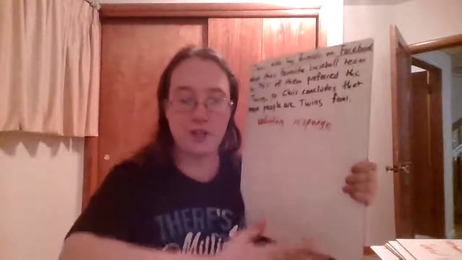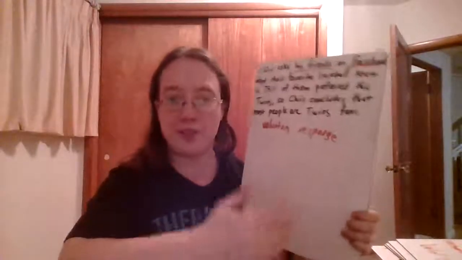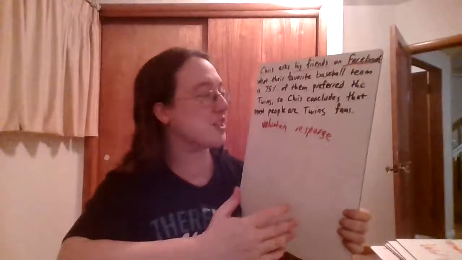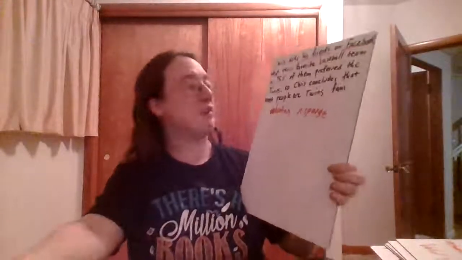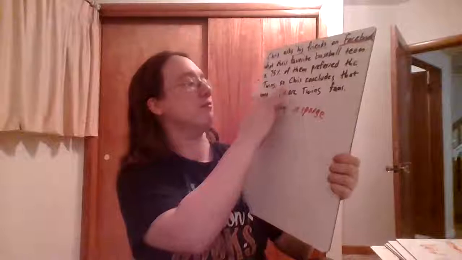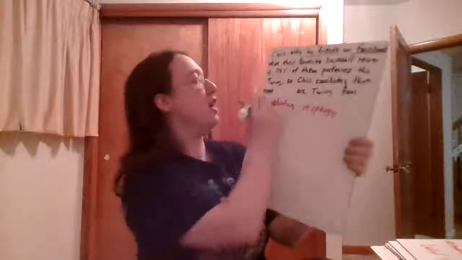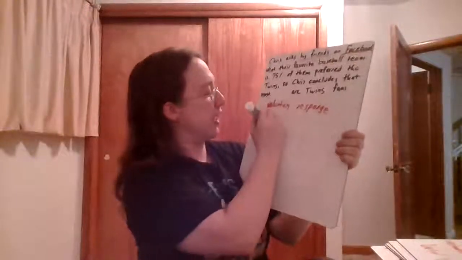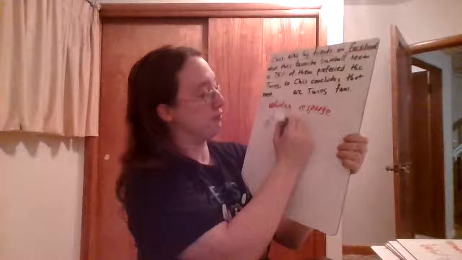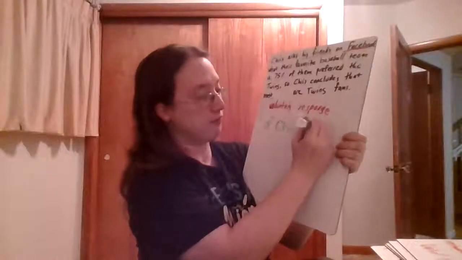So if we wanted to make this better or use this to say something a bit more accurate, instead of concluding that most people are Twins fans, because that's probably not a safe thing to say about most people in general just from this survey, you could say that most of Chris's friends are Twins fans.